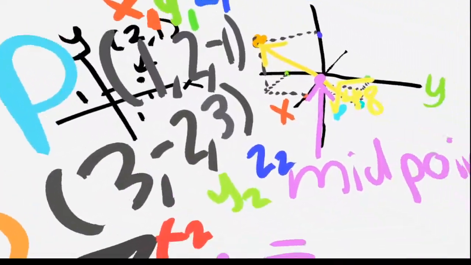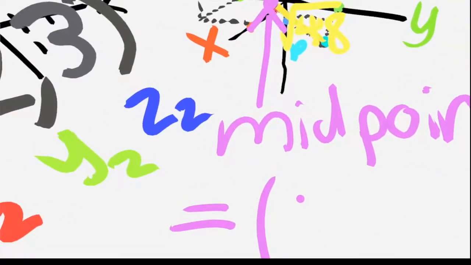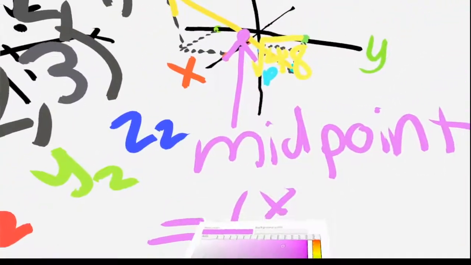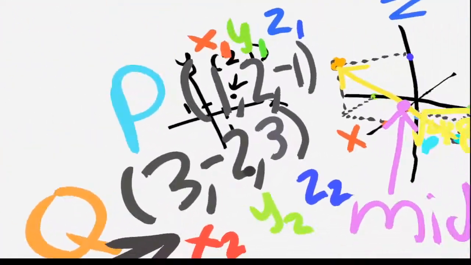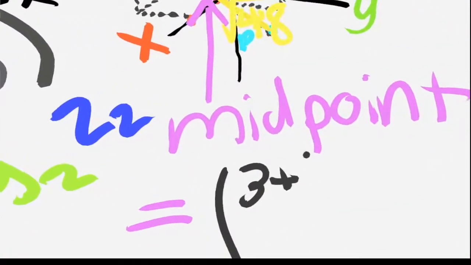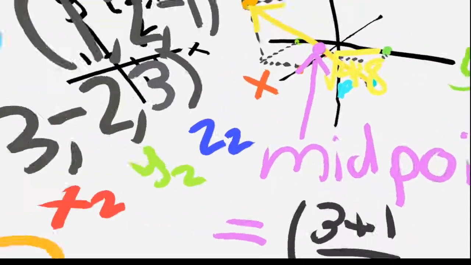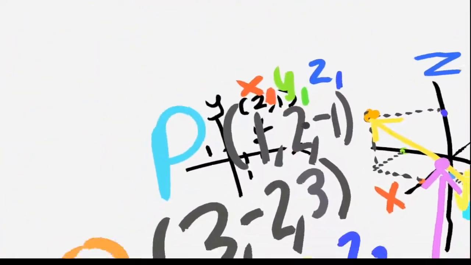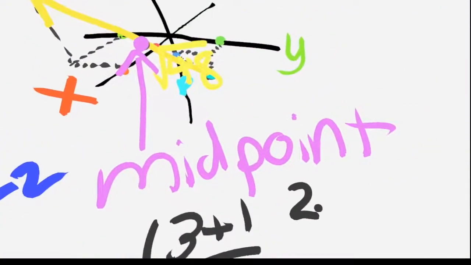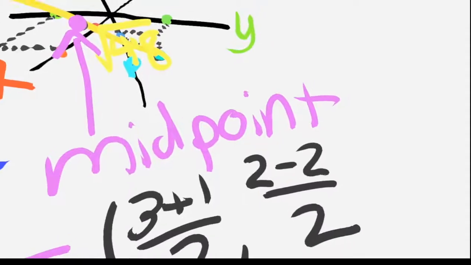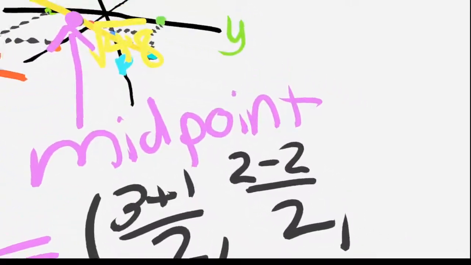So we use x1 plus x2. I'll just write it out, which is 3 plus 1 over 2, and you have a 2 and a -2. So you have 2 minus 2 over 2, which is 0.